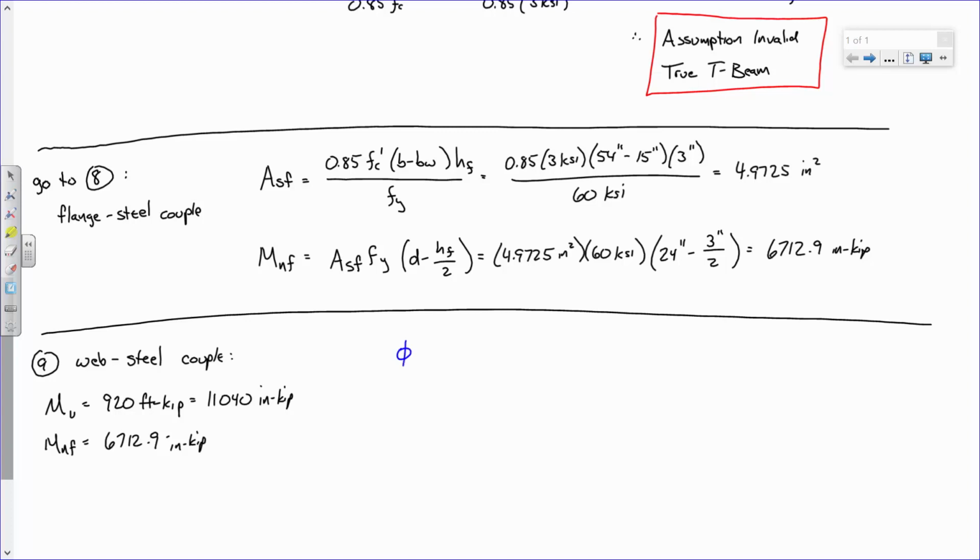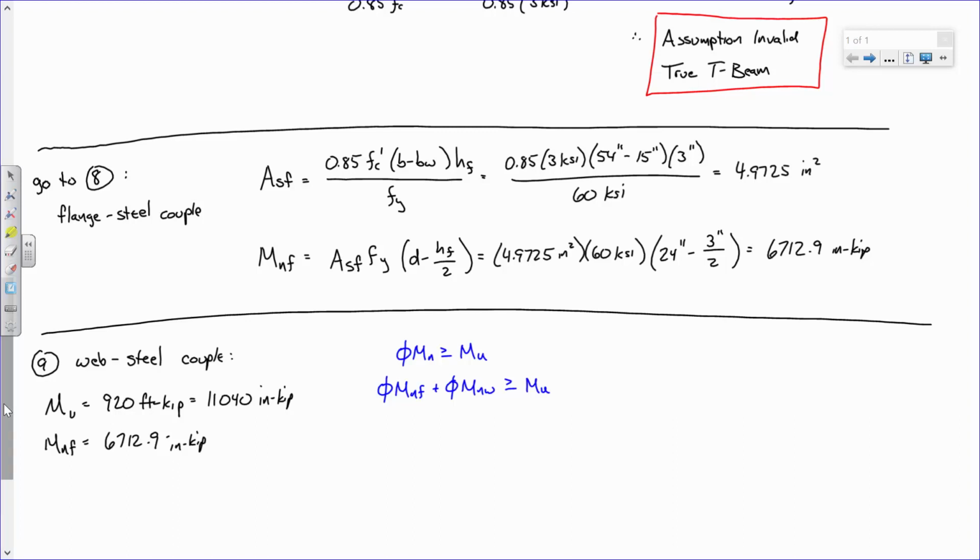Well, phi MN has to be greater than or equal to MU, right? Well, what's phi MN? Phi MN is phi MNF plus phi MNW. That's got to be greater than or equal to MU, because I'm going to separate those into the capacity from the flange couple and the capacity from the web couple.